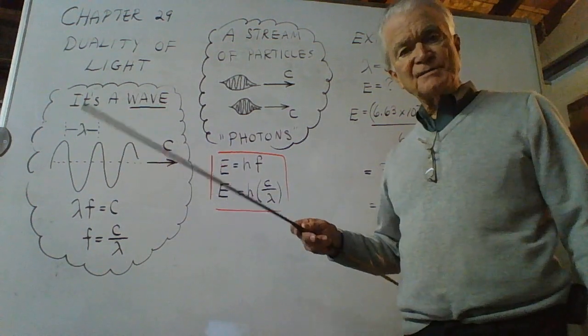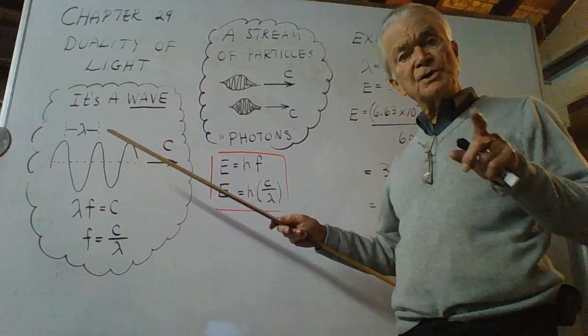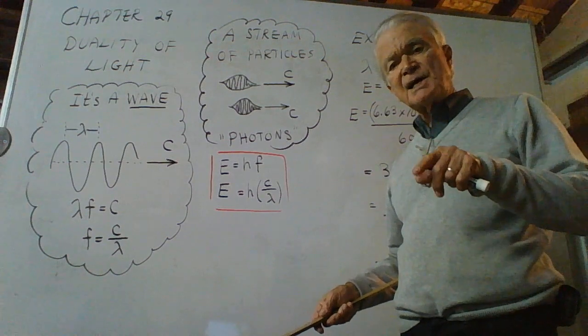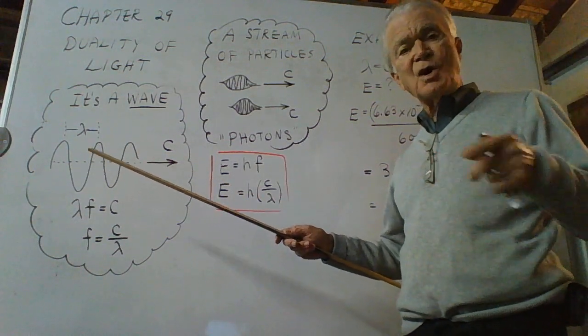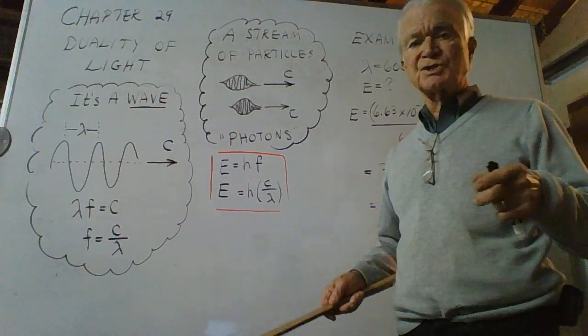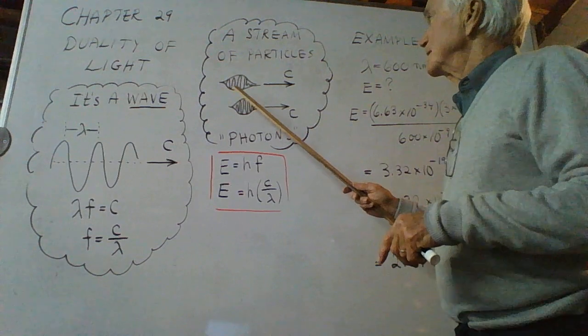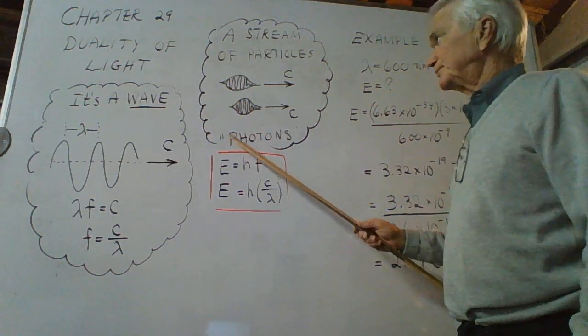So far I've described light as being a wave, and it is on occasion a wave. Sometimes light acts like a wave. Other times it acts like a particle, or better yet, we say a stream of particles, which are called photons.